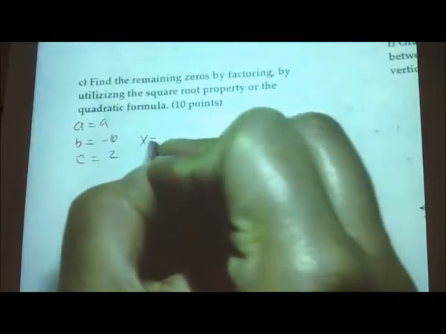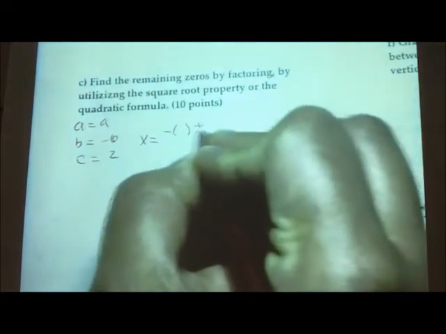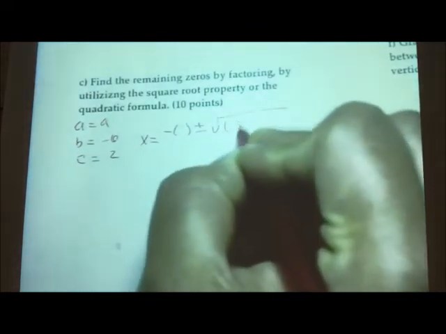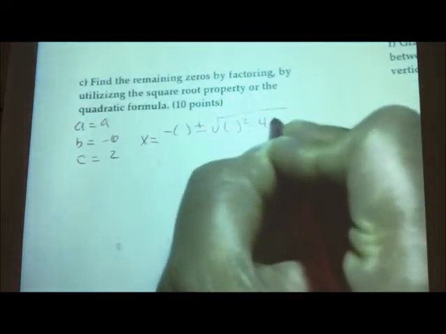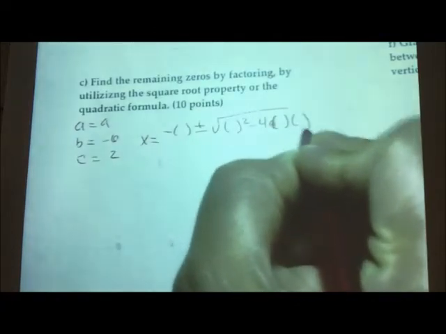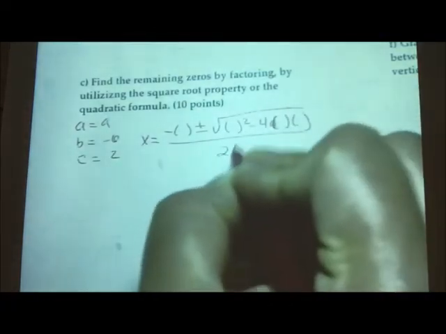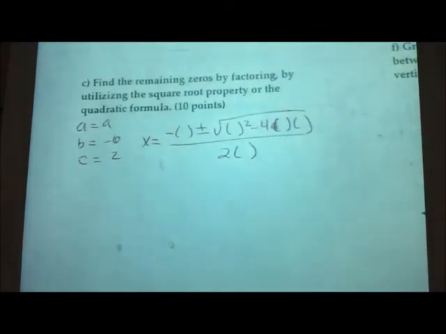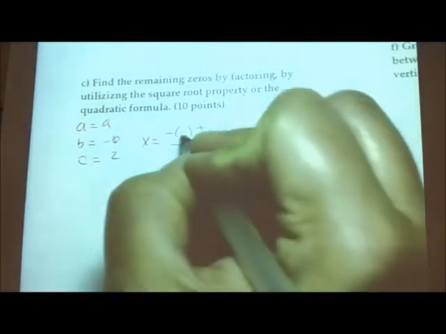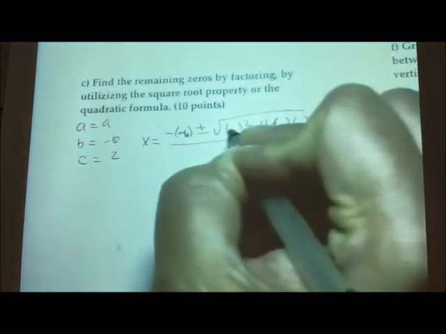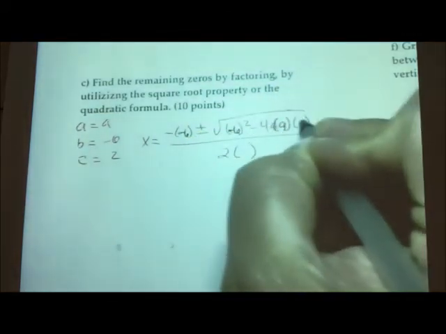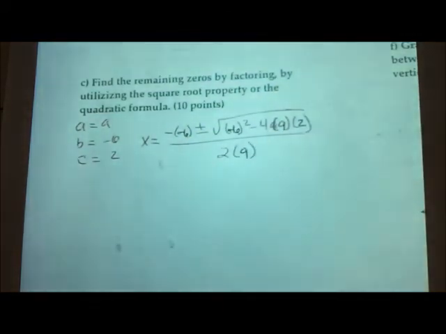So x equals -b plus or minus the square root of b squared minus 4ac, all over 2a. So we plug in the numbers where they belong. -6, -6, 9, 2, and 9.